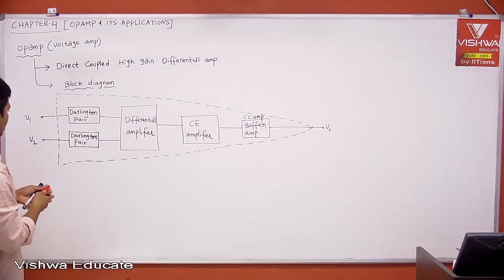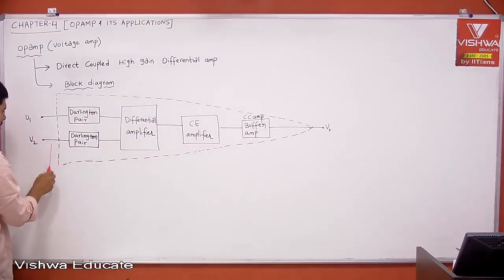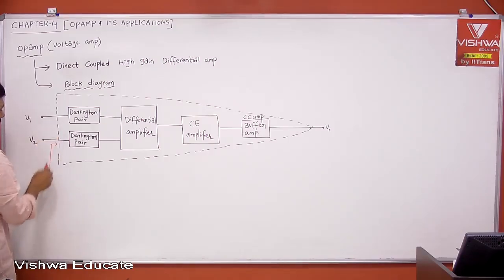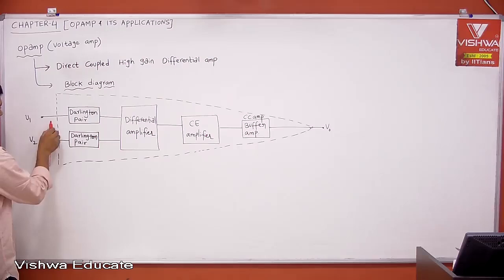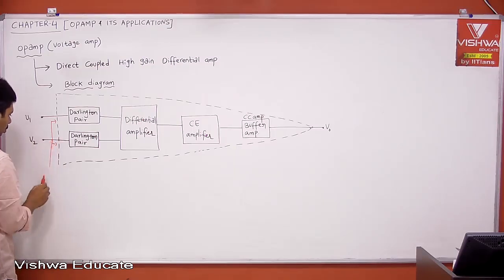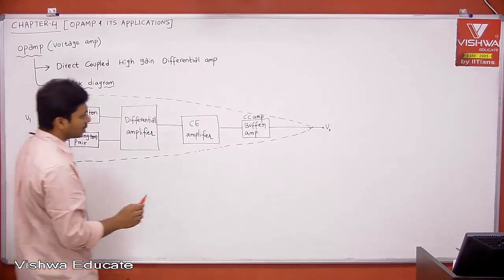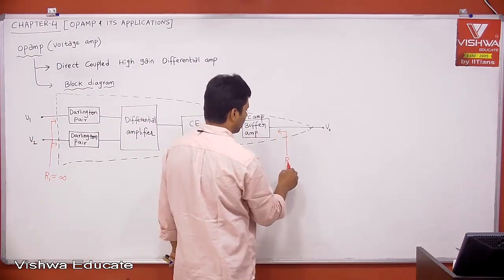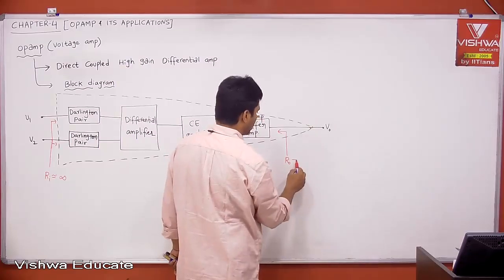Therefore, if you ask me the input impedance, it is almost infinity. And what is the output impedance? The impedance seen into the output port is nothing but almost 0.